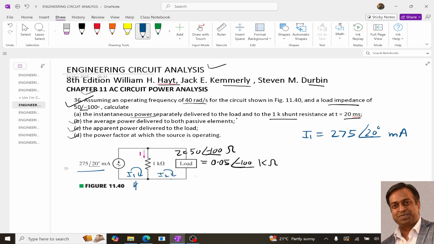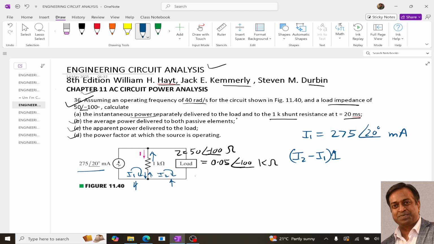Now if I apply KVL in the second loop, here we have one current going in the upward direction having two components, I2 going up and I1 coming down. So the current going up is I2 minus I1, and the resistance is 1 kilo ohm.